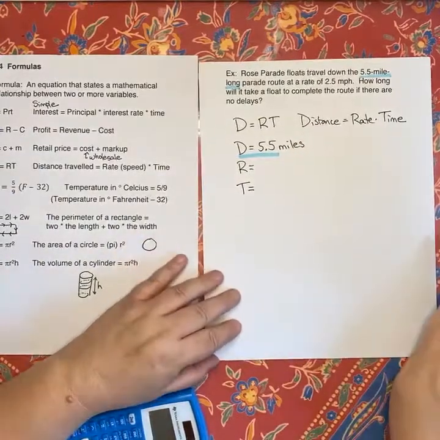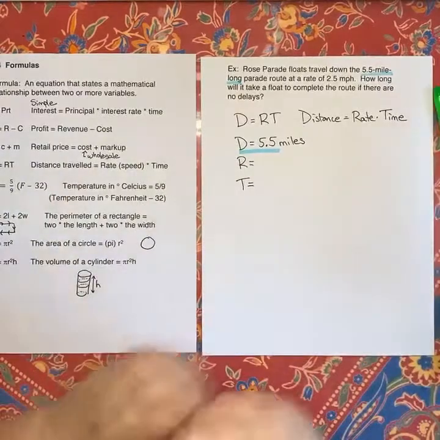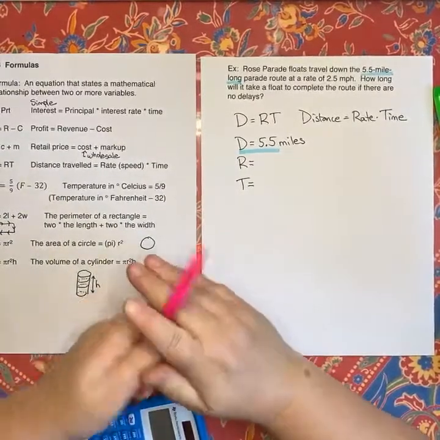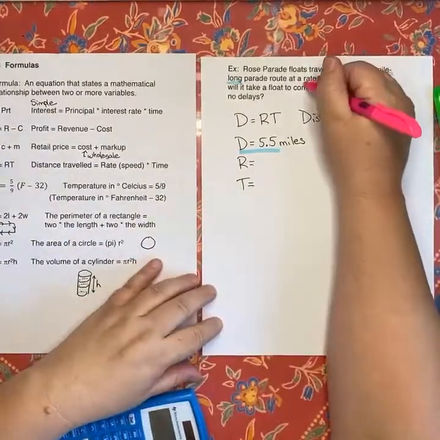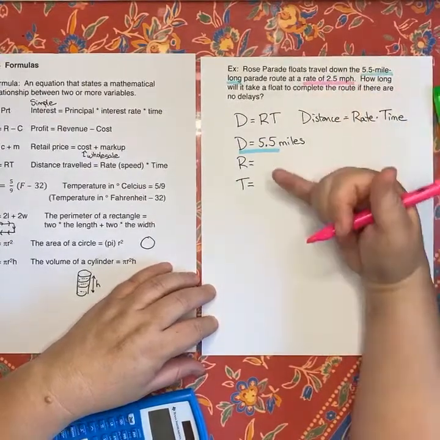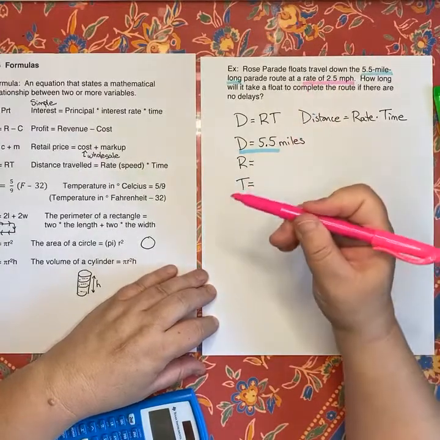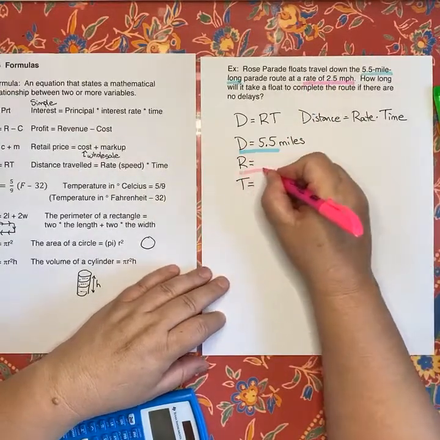Woohoo. Okay, what else do I have? I'll grab a pink one. At a rate of 2.5 miles per hour. I see another number here, 2.5 miles per hour. I've got rate or time. It uses the word rate right there, so I'm pretty sure this is a rate.